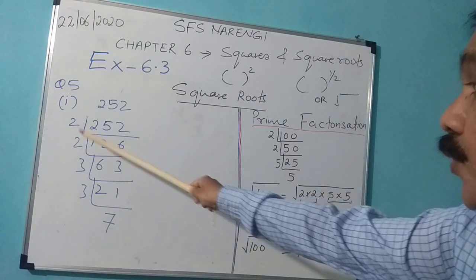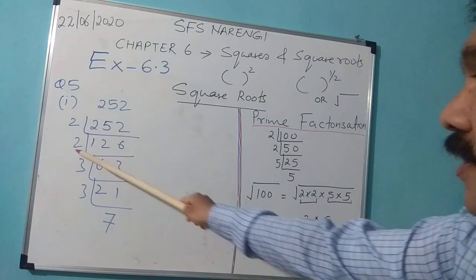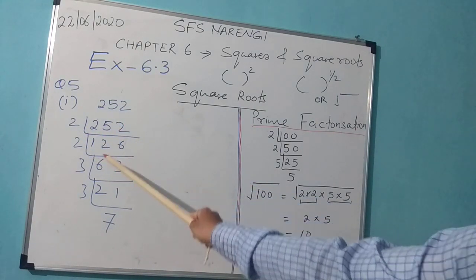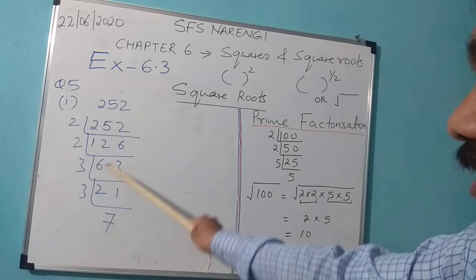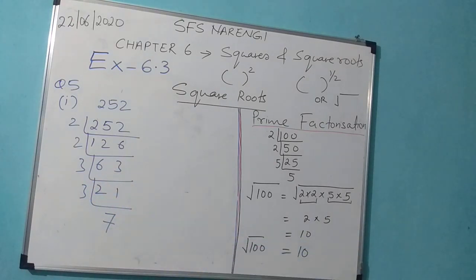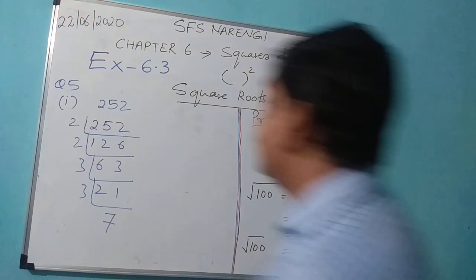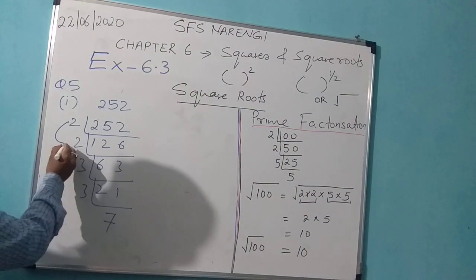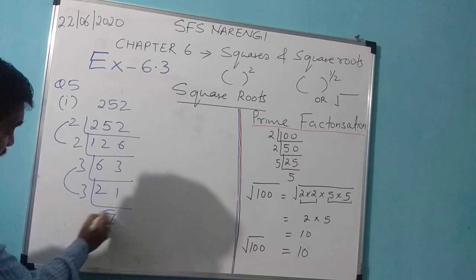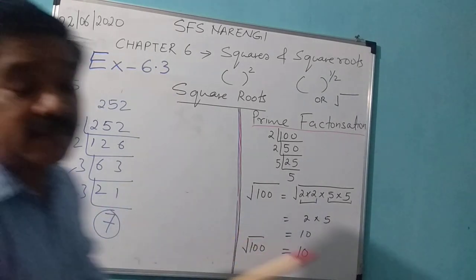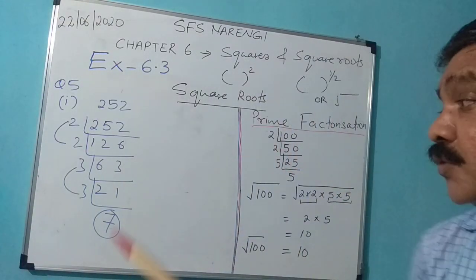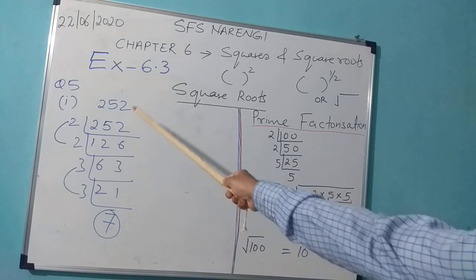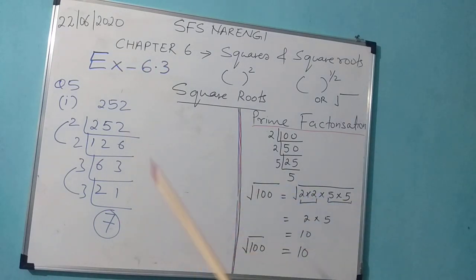Look here, 2 into 126 is 252, then 2 into 63 is 126, 3 into 21 is 63, 3 into 7 is 21. Now if you look at this number, we have the pairs. This is one pair, this is another pair, but this 7 is not paired. So what we will do, we will multiply 252 into 7 to make it a perfect square.